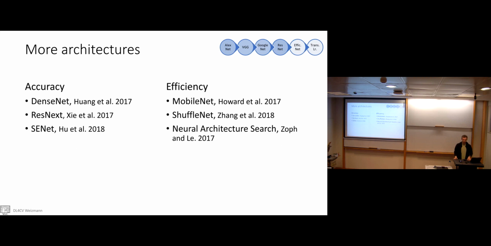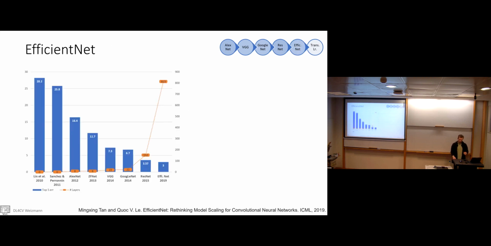And actually, the last architecture that we'll cover today is somewhat in that sense of efficiency, but they posed a different question. Given a fixed compute budget, a number of floating point operations, can we find an architecture that will give us the best accuracy? And yeah, they did it.